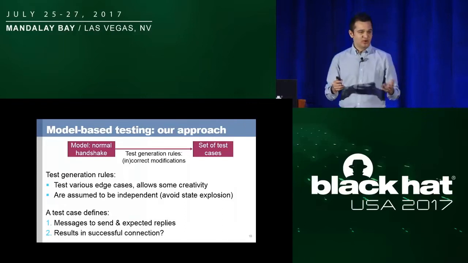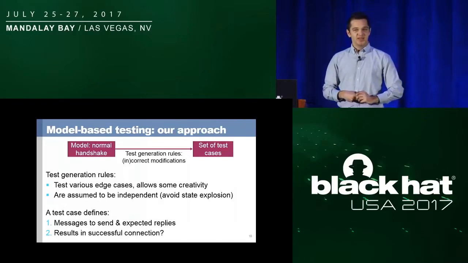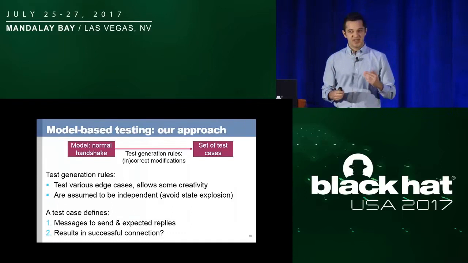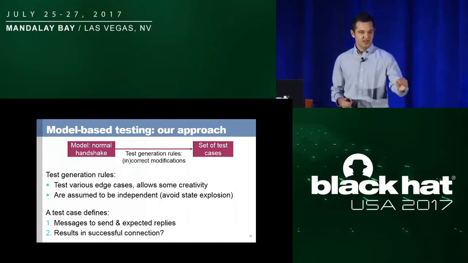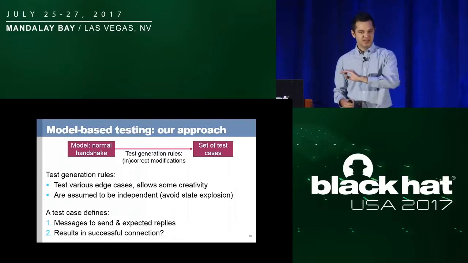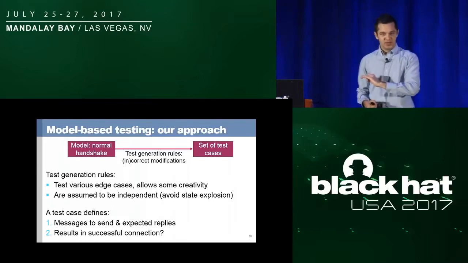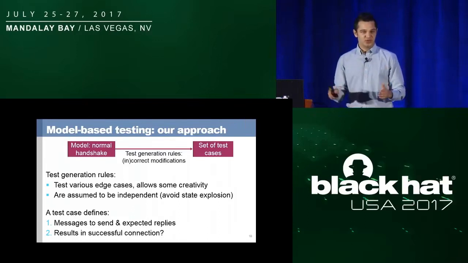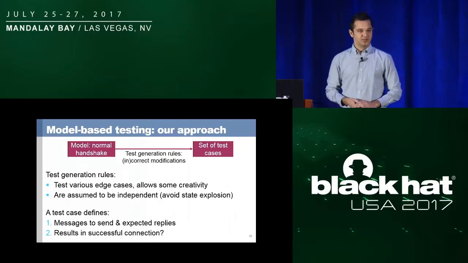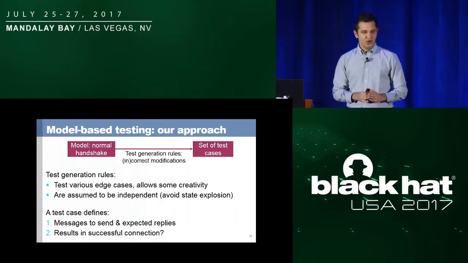So in our work, what is the definition of a test case? A test case essentially specifies the messages that you want to send to the implementation under test and the replies that you expect in return. But that's not everything that the test case defines. It also says whether this should result in a successful connection with the access point, for example. Because you might have a case where you always get the expected replies, but it should not result in a successful connection.